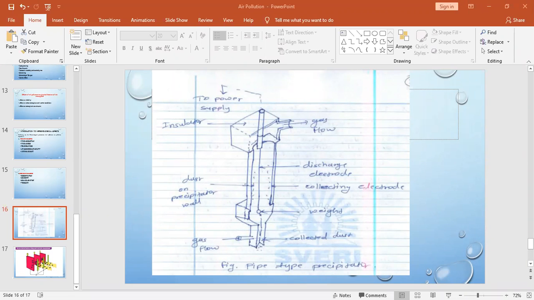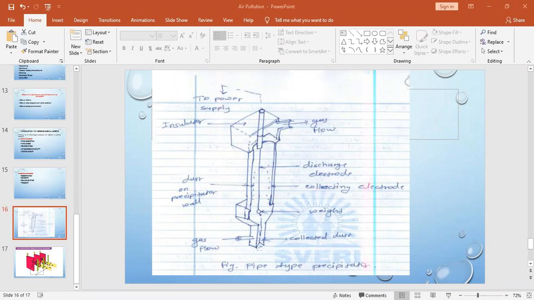Now, what are the advantages of electrostatic precipitator? As I told you, collection efficiency is very high. You can keep on writing while I explain if you wish. Okay, efficiency of the electrostatic precipitator is very high. And what is another advantage? Can somebody explain?